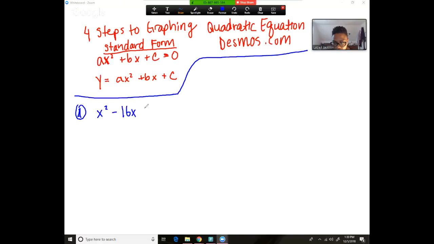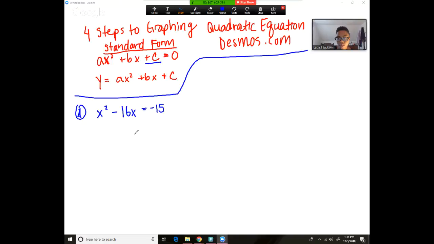All right, cool, nice. So in this situation, I'm going to use completing the square. And when you are completing the square, you actually want C, that constant, to be on the other side of the equation where 0 is. And that way you can do what I'm about to do.